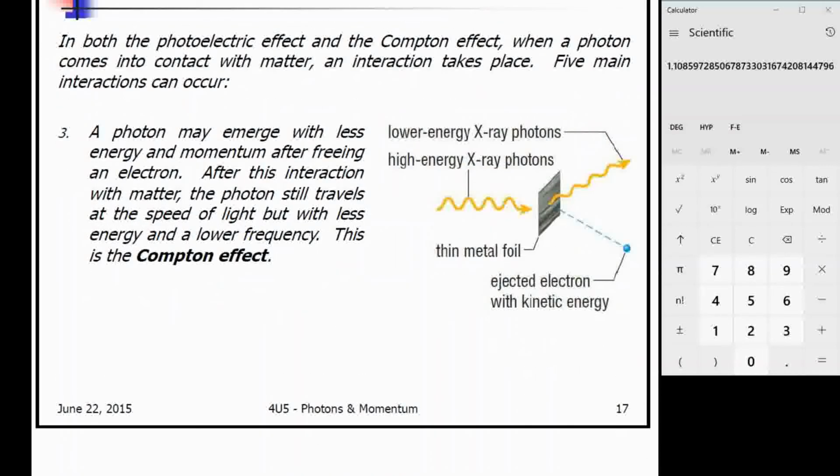We also know the Compton effect. The Compton effect is when we have a photon, usually a very high energy photon, that has an elastic collision with an electron. The electron ends up gaining some of the energy of the photon, but the photon itself still passes through and gets emitted, but at a lower energy level.